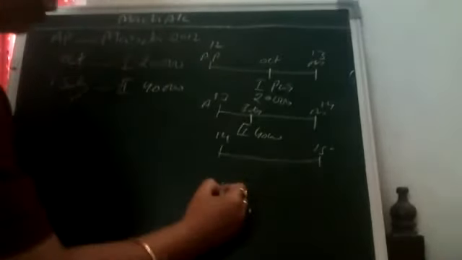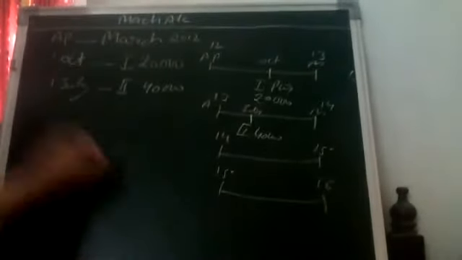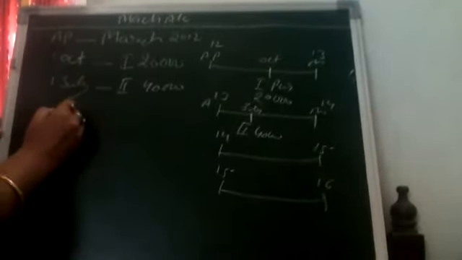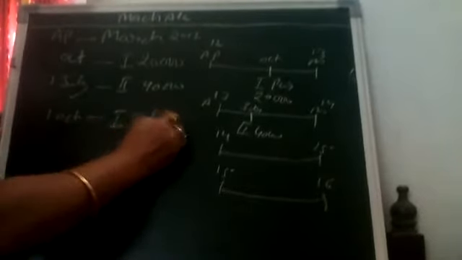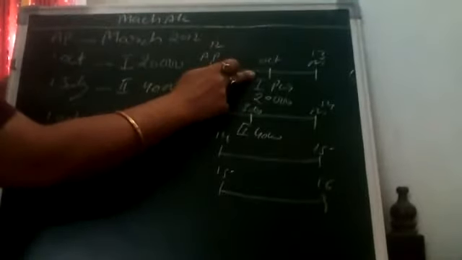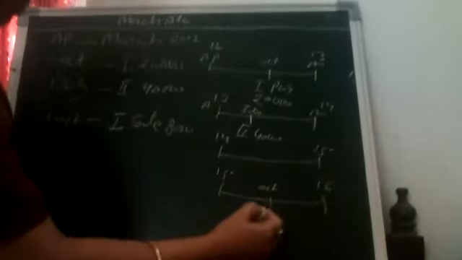So fourth year will start from April 15 to March 16. In fourth year, the information is given that on 1st of October, the first machinery was sold for rupees 8,000. That was the first machinery which is sold on 1st October.